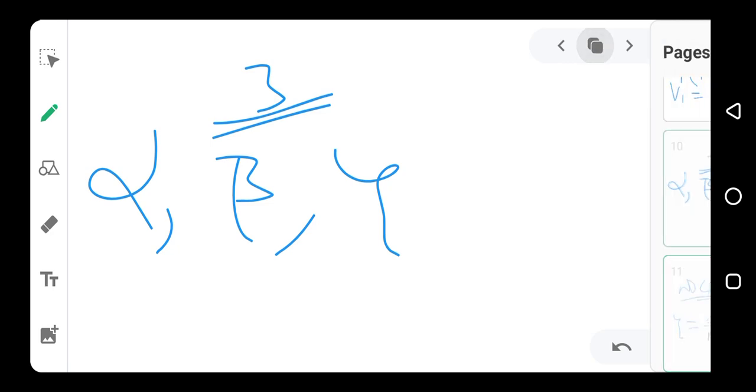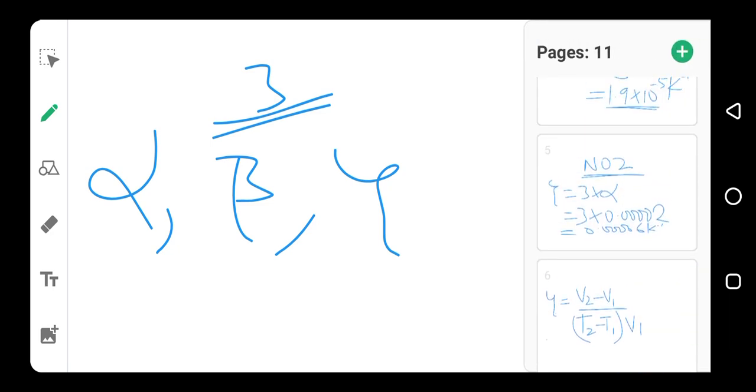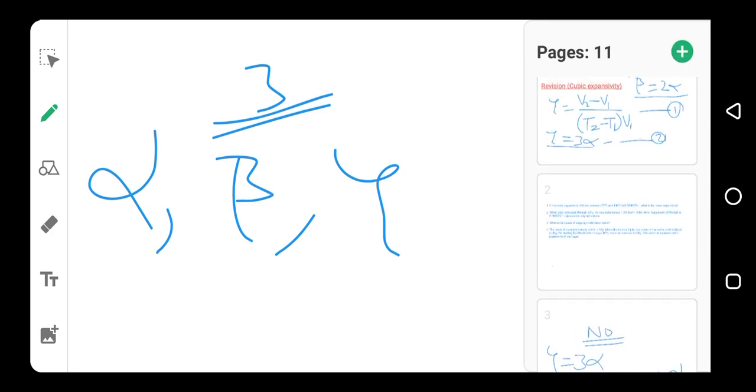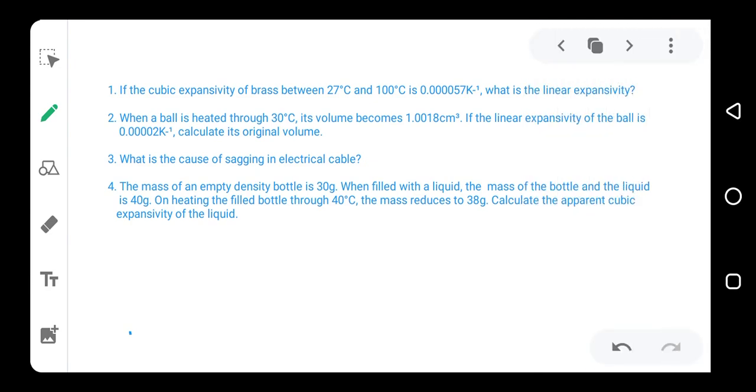From the equation, we have that the mass of the empty density bottle is 30 gram. What we want to get for the apparent cubic expansivity is just the liquid, not the bottle.